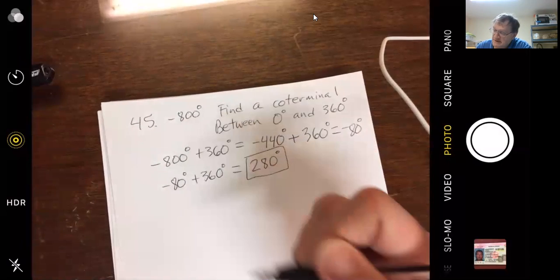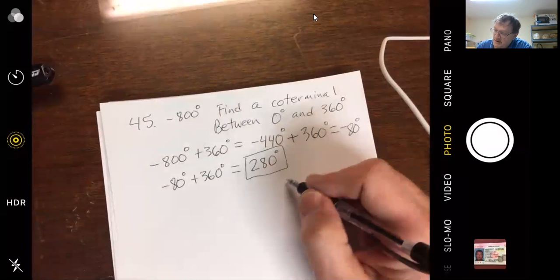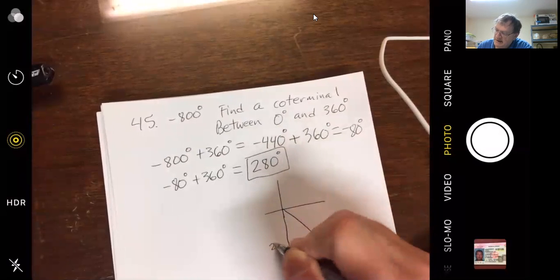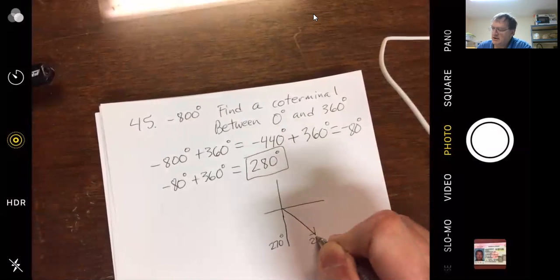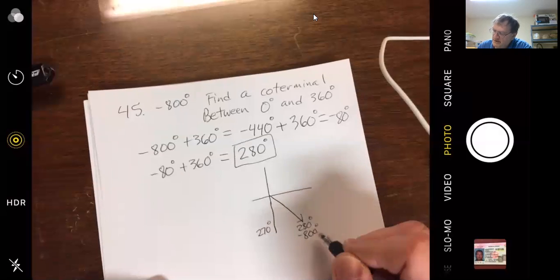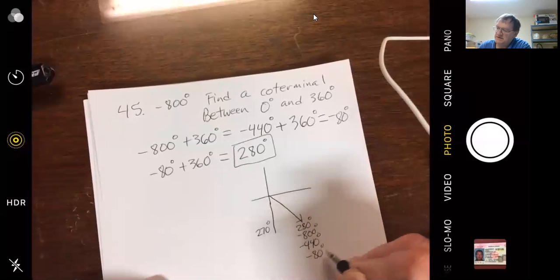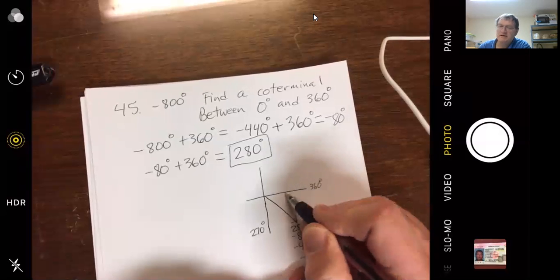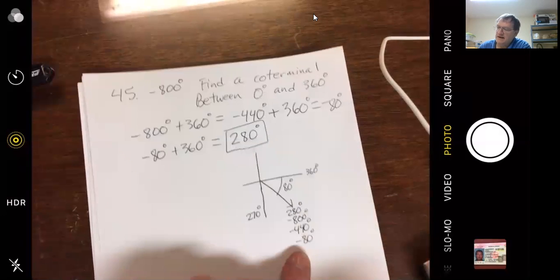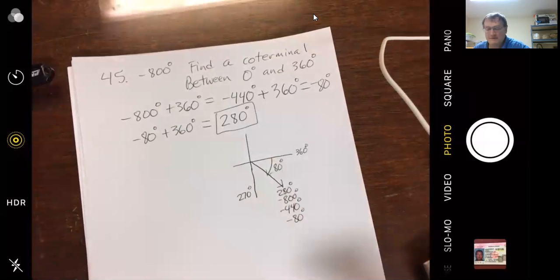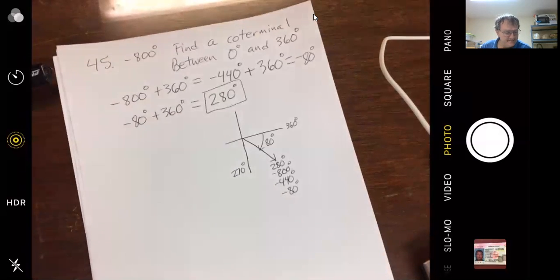Hope you then know that's in the 4th quadrant, because the y-axis is 270 degrees, so 280 degrees would be here, negative 800 degrees is here, negative 440 degrees is here, and negative 80 degrees. You can see the negative 80. You're at 360 here, so that's got to be 80 degrees in the negative direction, so you're at negative 80. It makes perfect sense to me.